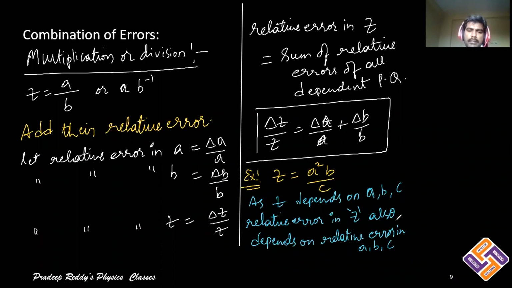So as Z is depending upon all the three quantities, therefore relative error in Z also depends upon the three physical quantities A, B and as well as C.